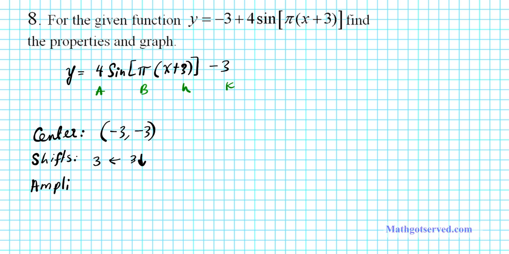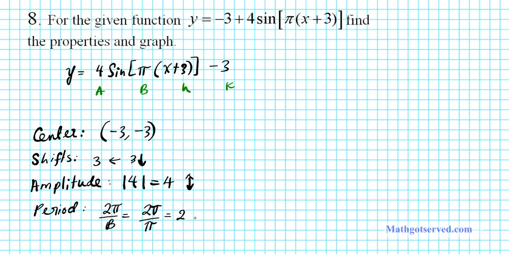Your amplitude is the absolute value of A. A is 4, so the absolute value of 4 is going to be 4 units up and down from the center. The period is going to be 2 pi over B. So B is pi, so it's going to be 2 pi over pi, which is equal to 2.